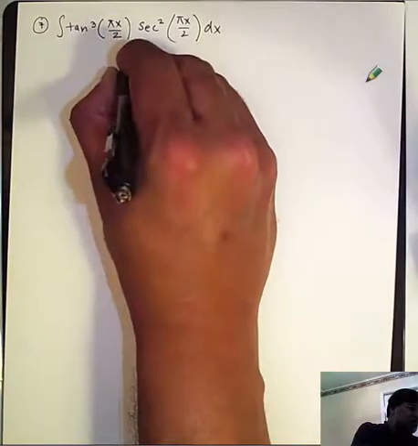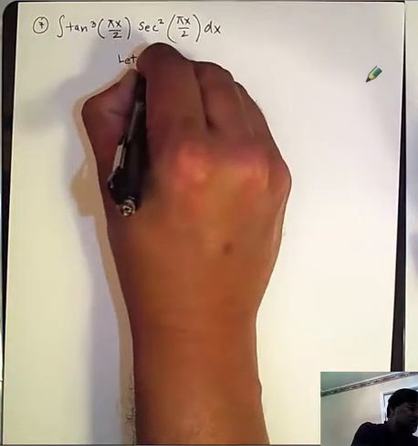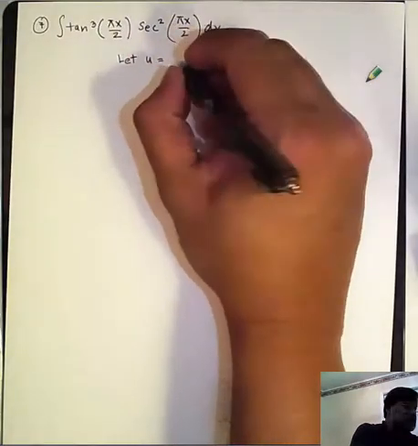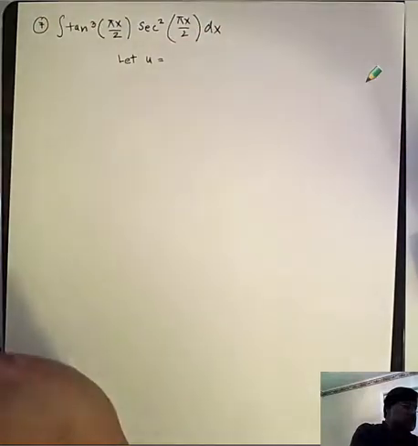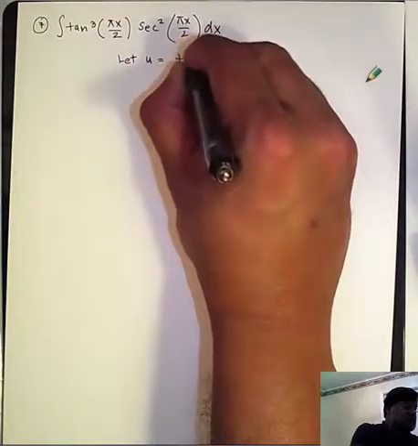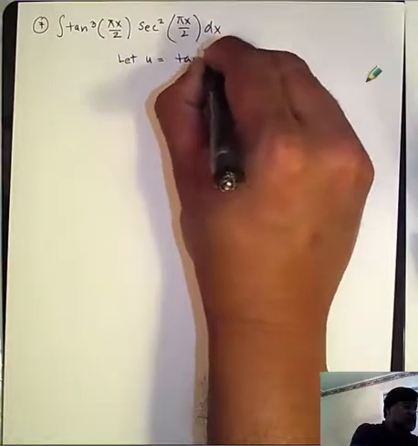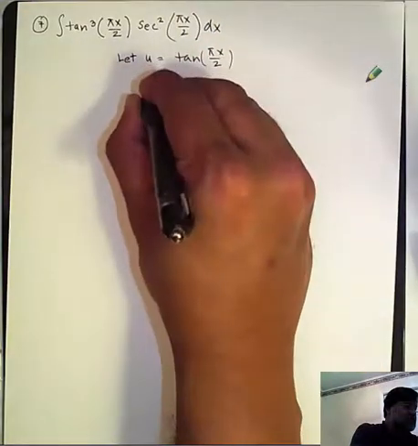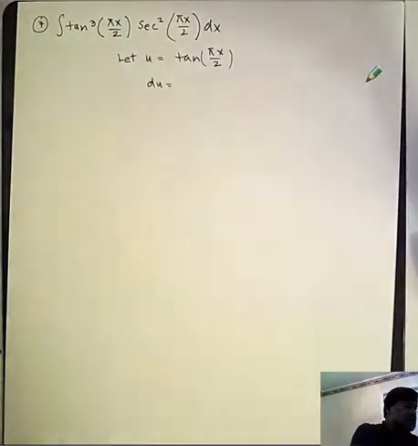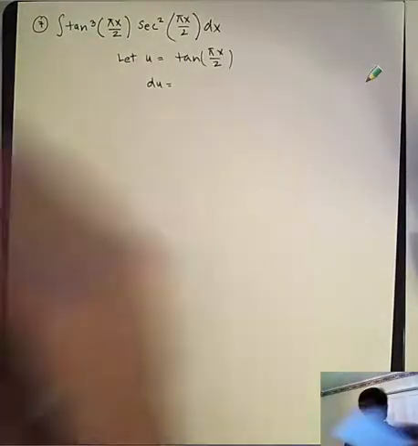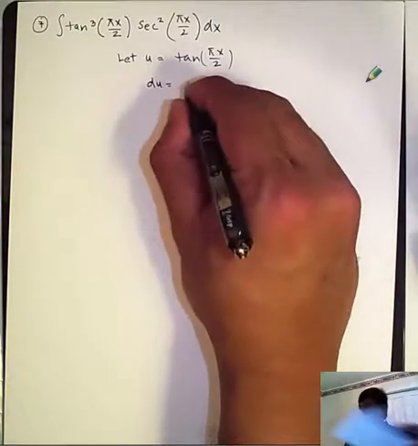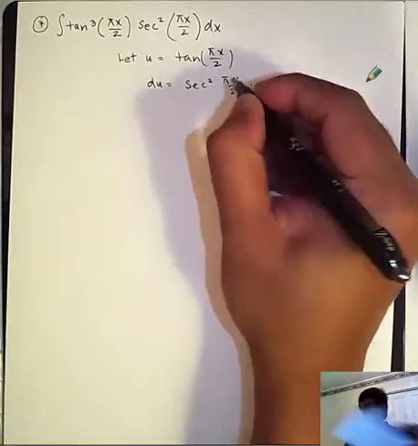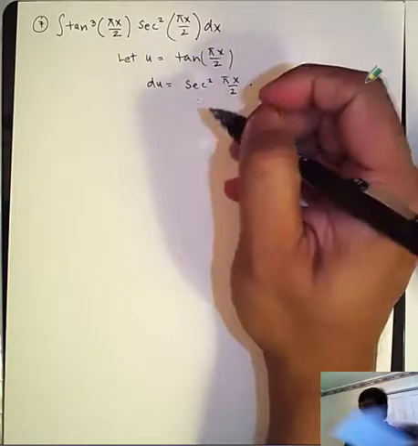So we're going to let u be what? This is the higher power, so we're going to let that be tangent squared of pi x over 2, times chain rule inside.